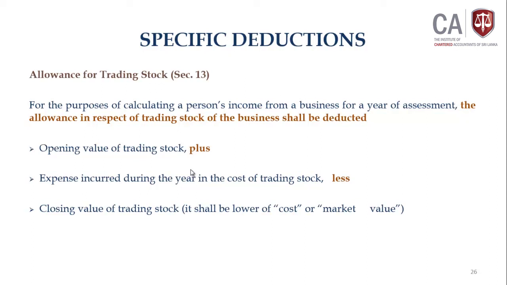But our current act prescribes what cost of sales should be deductible as allowance for trading stock. The method of calculation is also prescribed in the law under section 13. Sometimes section 30 would be relevant as a specific rule, maybe in relation to the calculation.